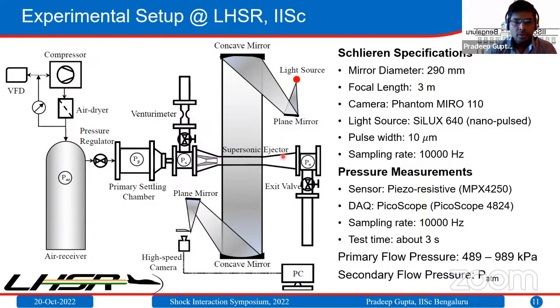Along with this Schlieren arrangement, we did the pressure measurement along this ejector, and we had 19 different pressure ports along the ejector from the nozzle exit to the diffuser. We used piezoresistive MPX 4250 pressure sensors and a data acquisition system. The sampling rate for the pressure measurement is 10,000 hertz, and the test time is about 3 seconds.